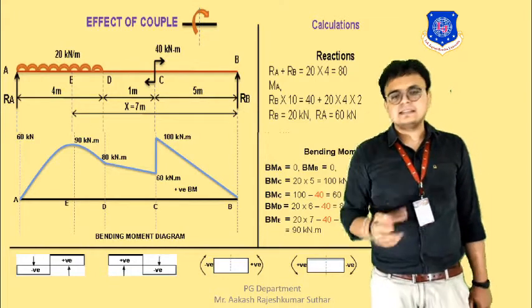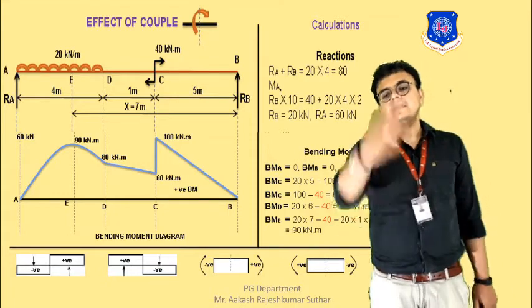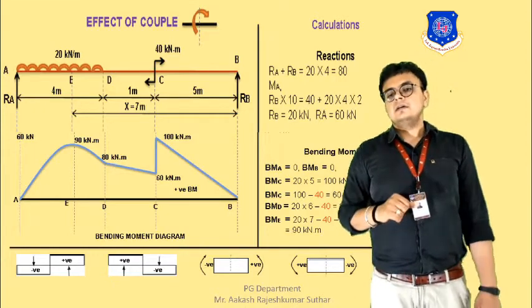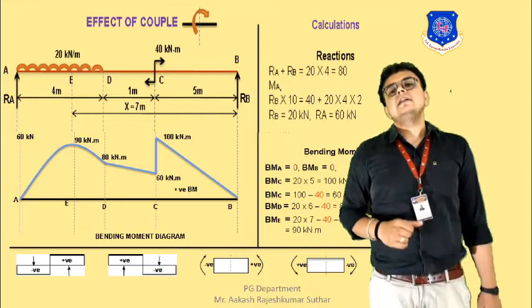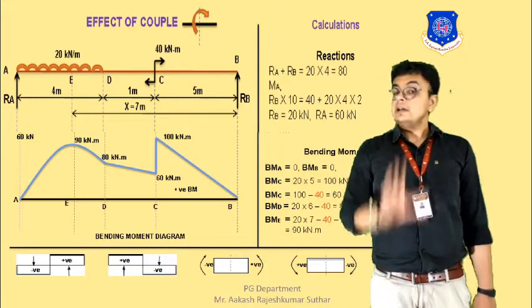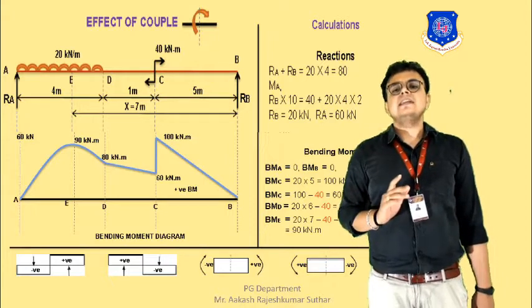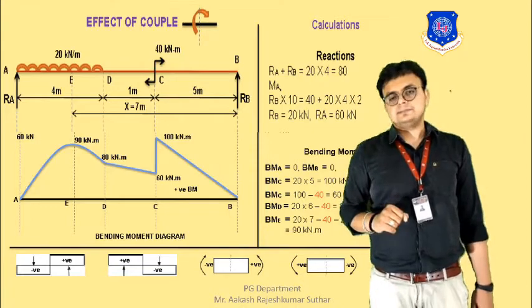We are just converting that UDL into a concentrated load. So we are multiplying it by the distance, and further we are dividing it by 2. Okay. So finally we are getting the bending moment at E will be equal to 90 kN, and bending moment at E is the maximum. So hence we can say that the bending moment at E will be the max.